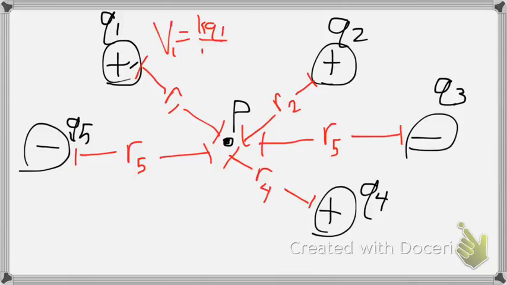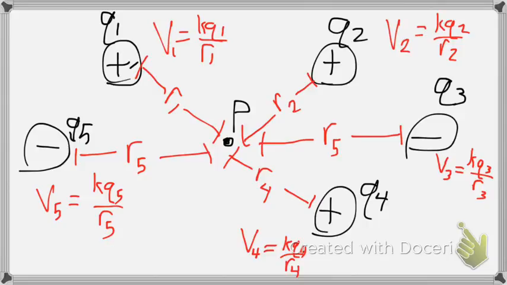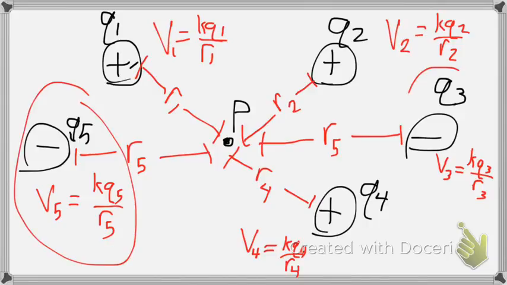Just K times Q divided by R, where R is the distance from point P, and Q is the charge on that object causing the voltage. So I'd have V1 equals K Q1 over R1, and the same for all the rest. Now notice that the negative charges are going to give you a negative voltage, because Q is a negative number. Right?